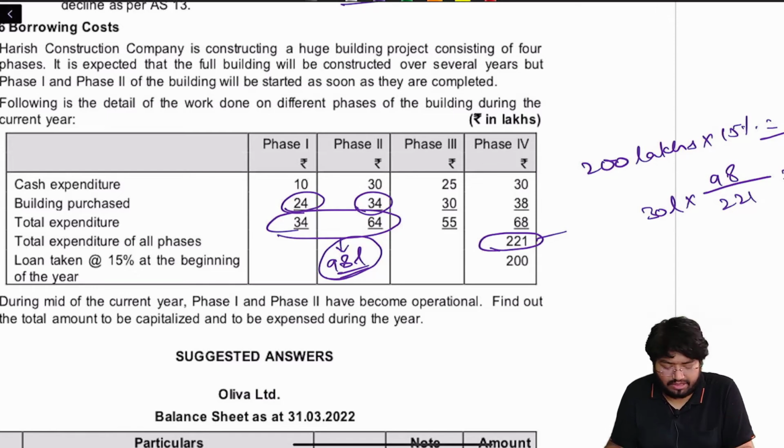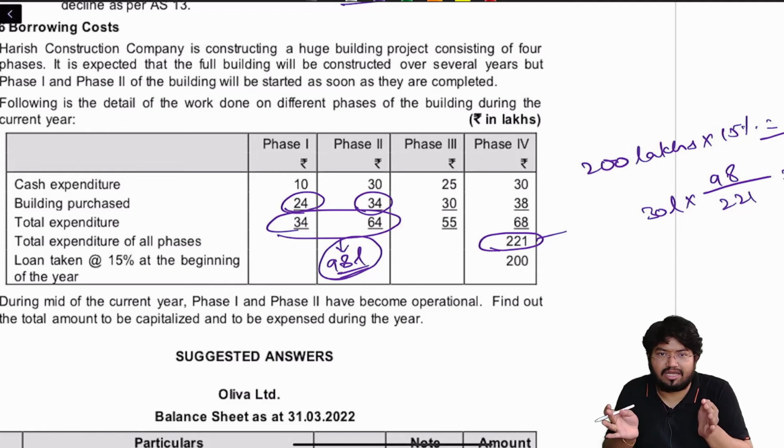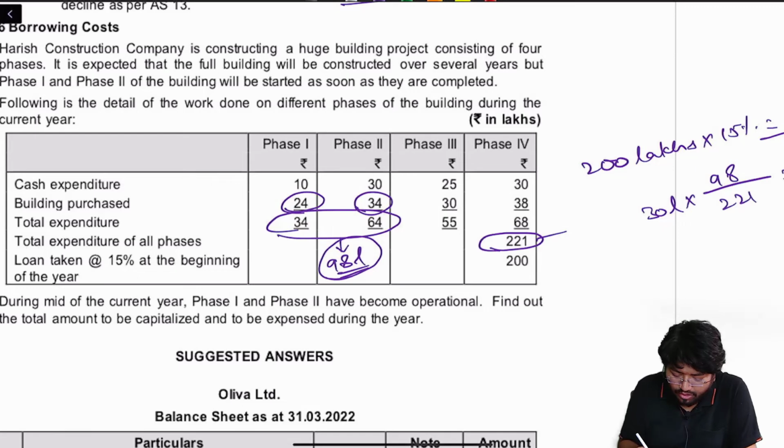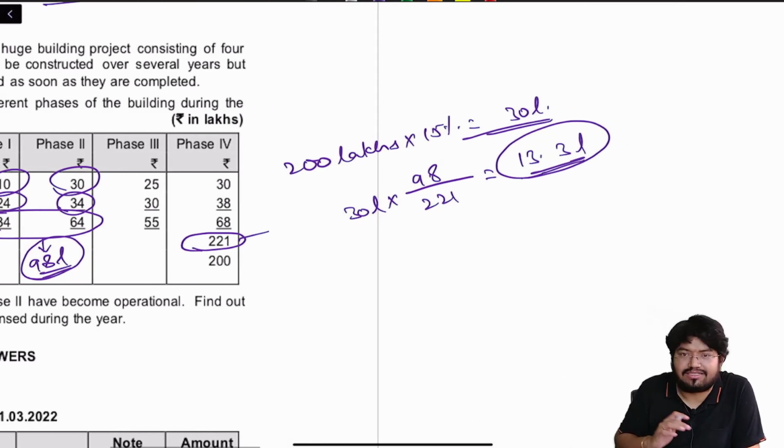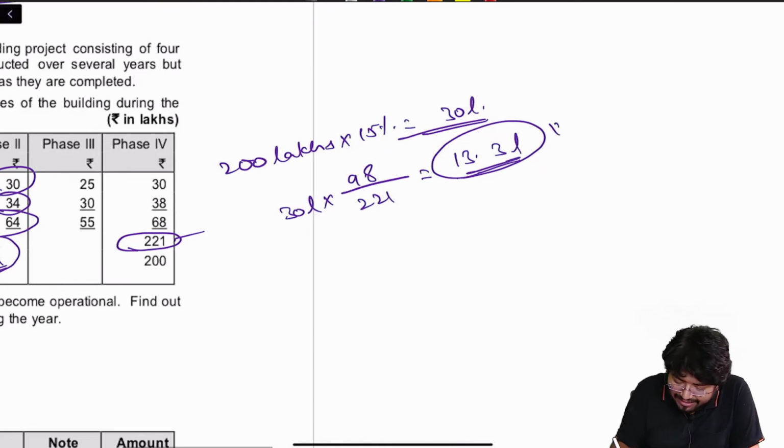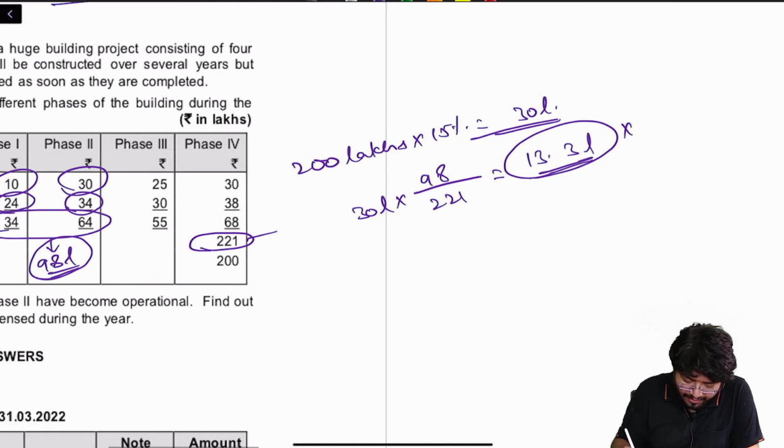What is considered as a qualifying asset? Whatever cost I am incurring for furtherance of the asset or creation of the asset, only to that extent I can consider. The cost incurred for creation of the qualifying asset is only 10 lakhs and 30 lakhs. That's why out of this 13.3 lakhs, I can consider only 40 divided by 98.